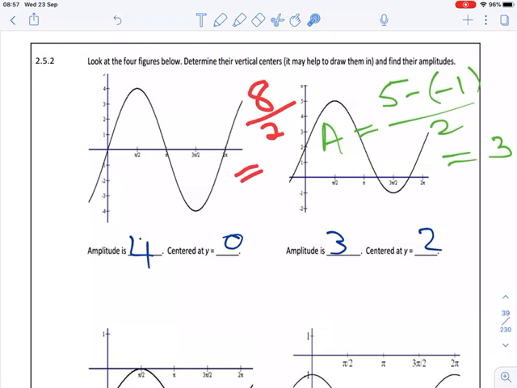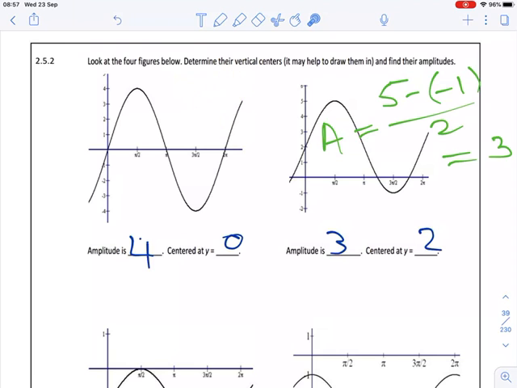Therefore, the amplitude must be 4. Okay, if I look at my central position here, and I look from the center to the top, it's also 4. So that's why the amplitude should be 4. Clearly the central position here is 0. Remember, to find the center, we take the maximum plus the minimum over 2. So it will be 4 minus 4 over 2.